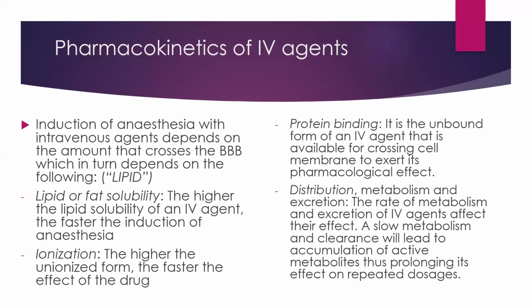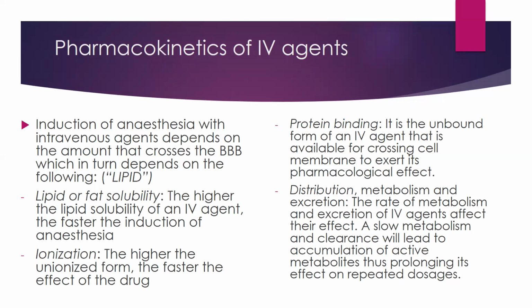Number one is lipid, or fat, solubility. The higher the lipid solubility of an agent, the faster the induction of anesthesia. The second factor is ionization. The higher the unionized form, the faster the effect of the drug.